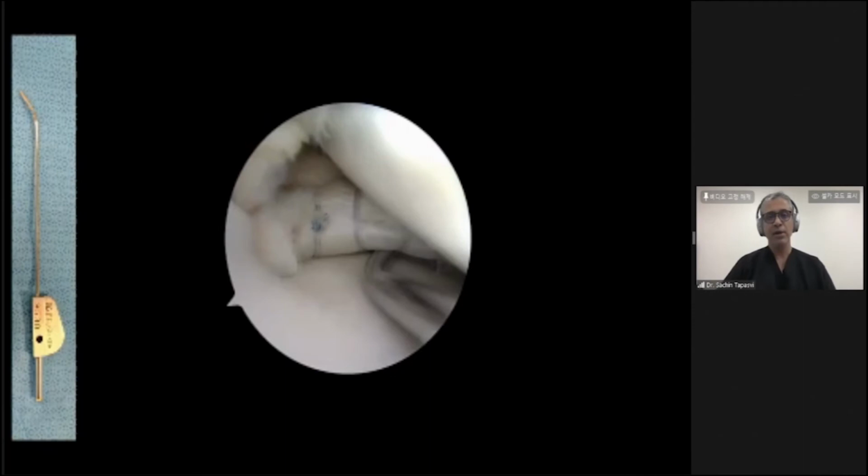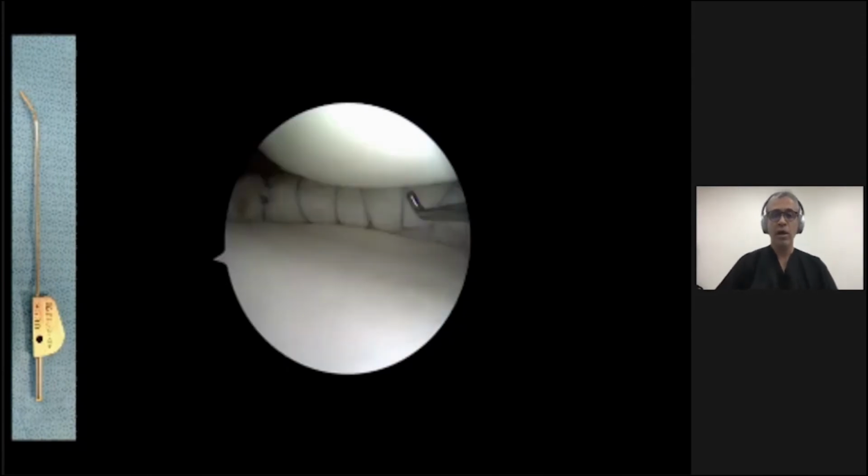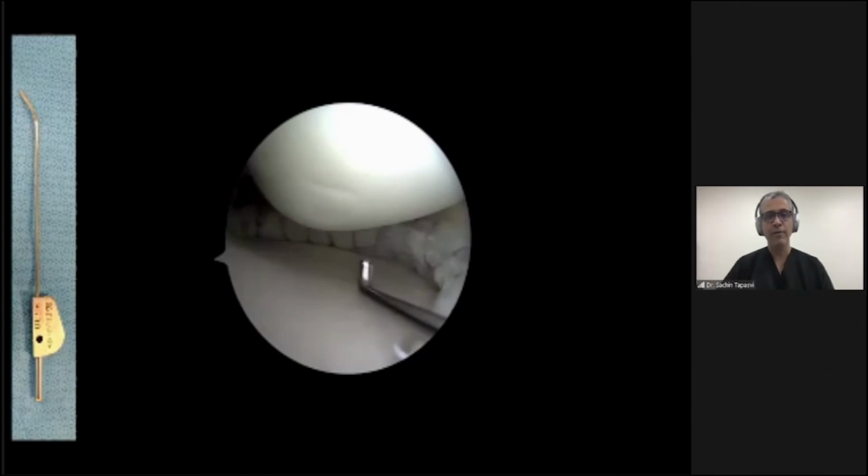And last but not the least, we want good compressive sutures, which will then complete our repair. So here's what this repaired large horizontal cleavage meniscus tear looks like. We've put multiple sutures and we've closed the mouth, thereby giving this patient a good rim of meniscal tissue, which hopefully should help him carry on with his normal life.